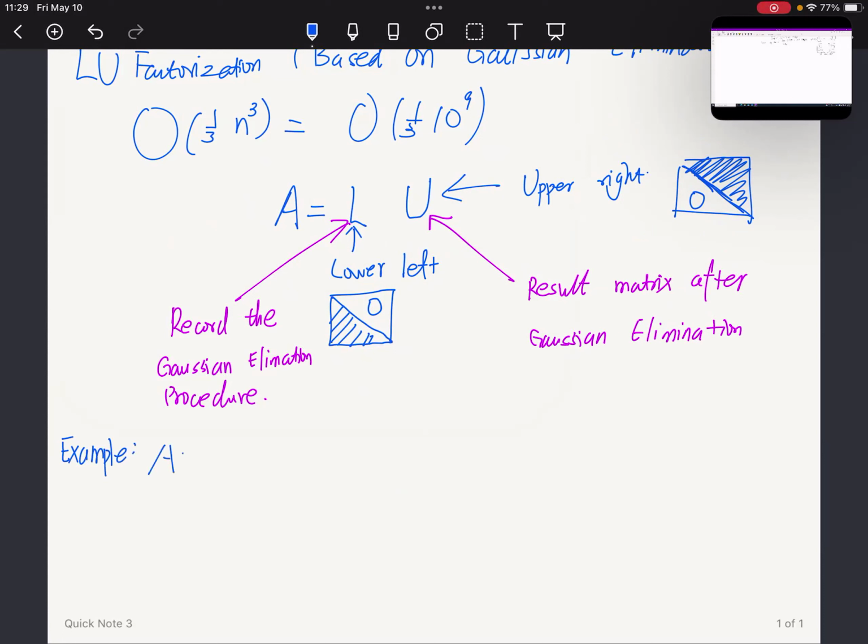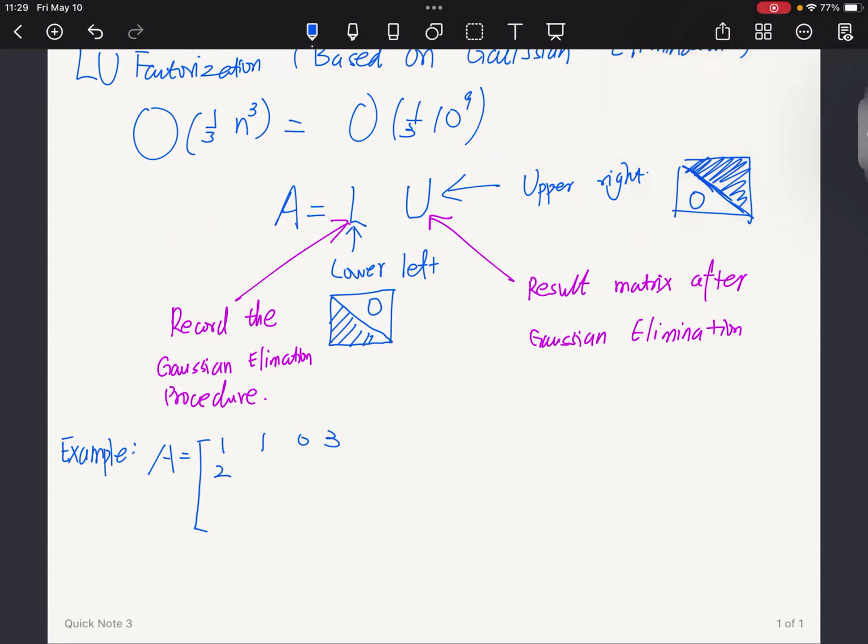I get an A matrix, and then I have 1, 1, 0, 3 here, and then 2, 1, negative 1, 1, 3, negative 1, negative 1, 2, and negative 1, 2, 3, negative 1 here. And now I'm going to do the LU factorization, but it is quite similar to the Gaussian elimination.